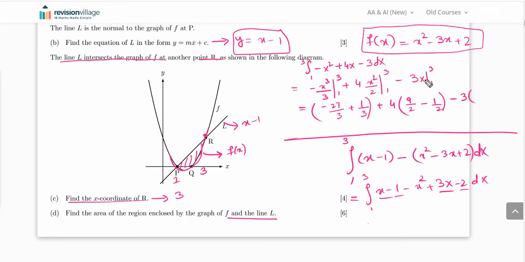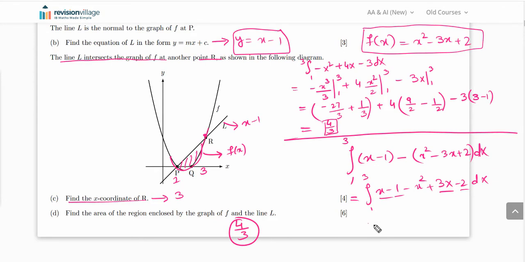So the upper limit is 3, lower limit is 1, so it's 3 minus 1. Now I'll put the whole thing into the calculator and I'll get my answer. So the answer for this is 4 over 3. So the area enclosed by the graph of f and the line L will be equal to 4 over 3. That's the final answer. So this is done.